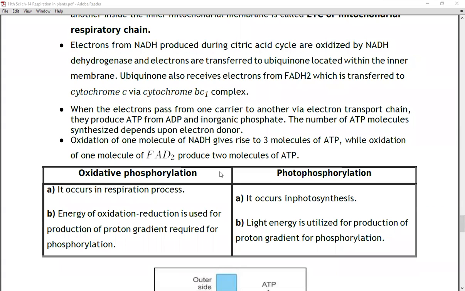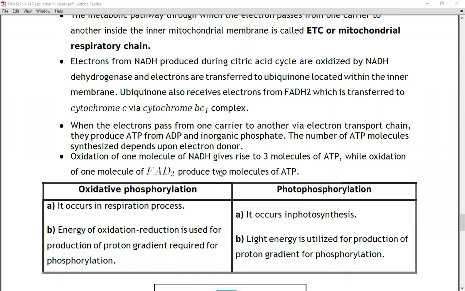Now we are going to see the difference between oxidative phosphorylation and photophosphorylation. Oxidative phosphorylation occurs in the respiration process, so it takes place only when respiration is taking place.